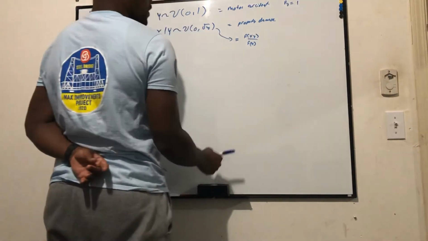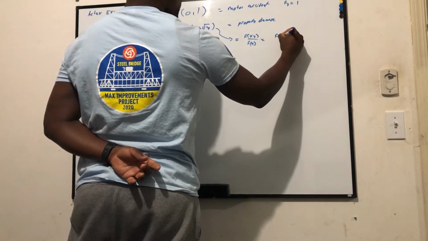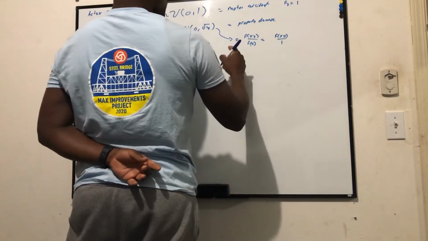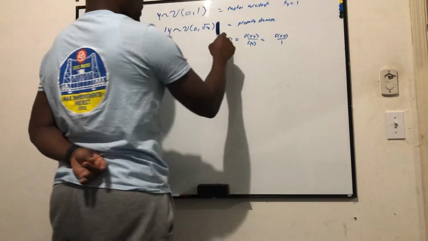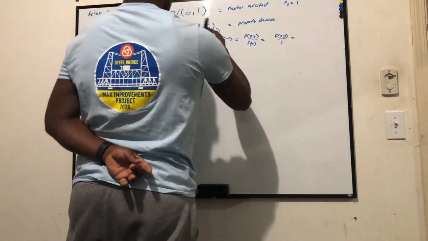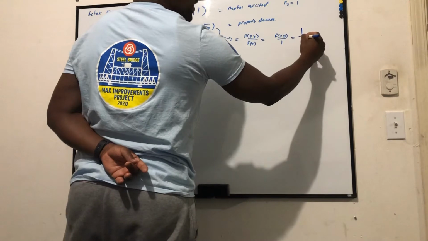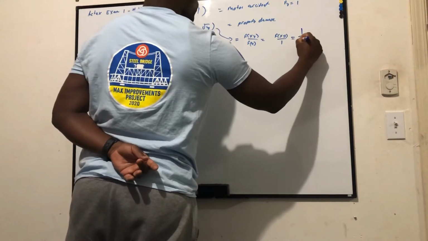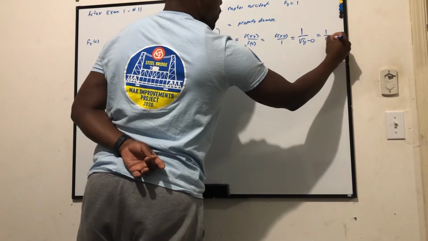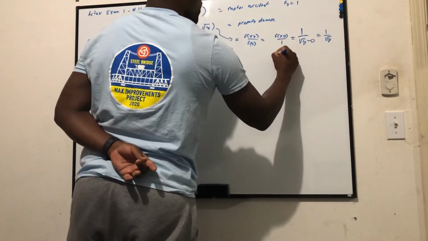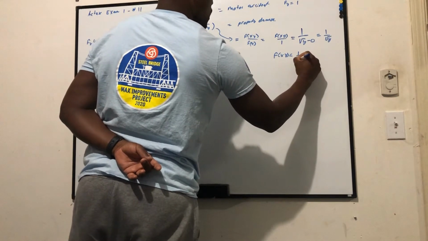This is 1, so therefore the joint is that times the conditional, right? And the conditional is uniform, which is 1 over b minus a. Well, b is the square root of y minus 0, which of course is just square root of y, and we times that. Therefore, f of x is just going to be this.